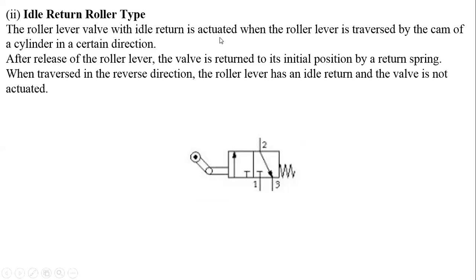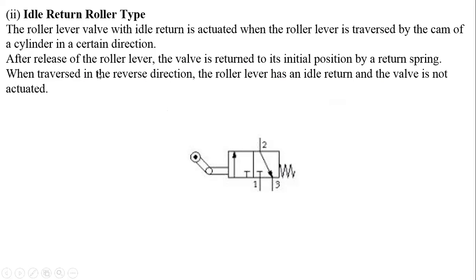Roller lever valve with idle return is actuated when roller lever is transferred by cam of a cylinder in a certain direction. This one. After release of the roller lever, the valve is returned to its initial position by a return spring. What is meant by release of roller lever?